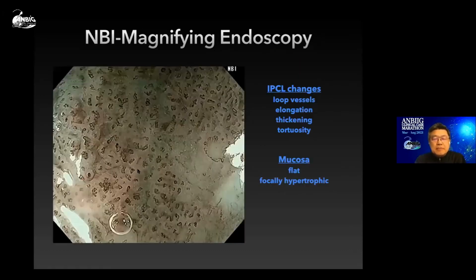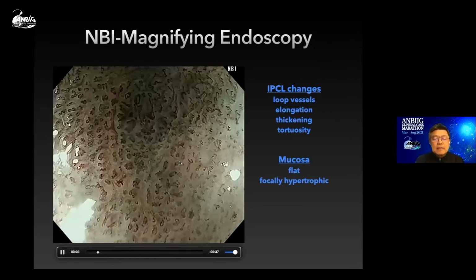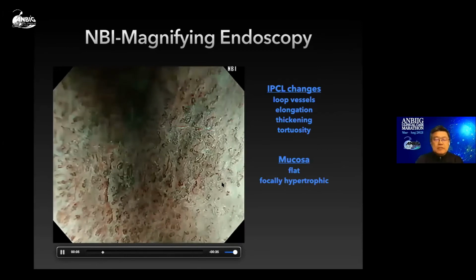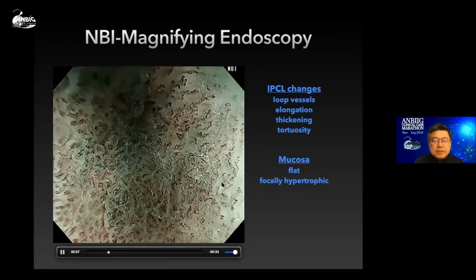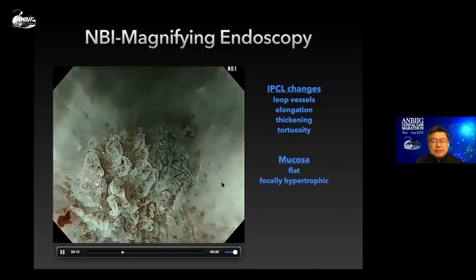This is magnifying endoscopy with the ANBIIG system. You can find the IPCLs elongated, thickened and tortuous.